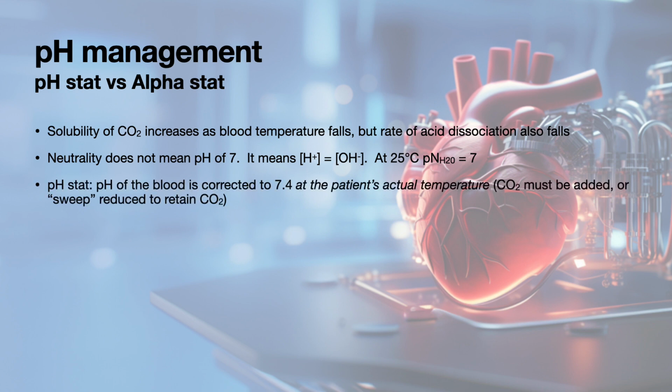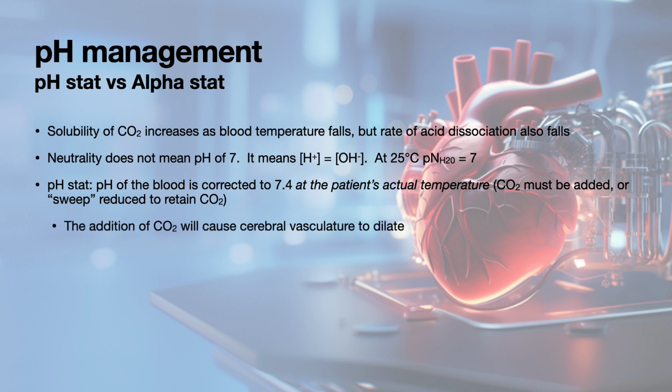In a pH stat regimen, the pH of the blood will be maintained at 7.4, regardless of the patient's actual temperature. In practice, this will require the addition of carbon dioxide to the system to compensate for the increased solubility of CO2 in the cold blood.